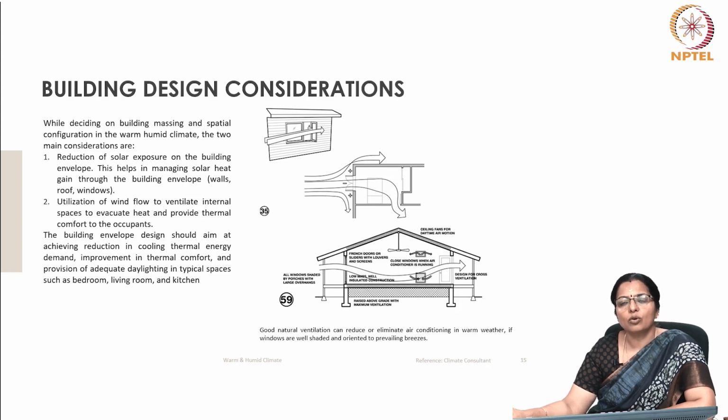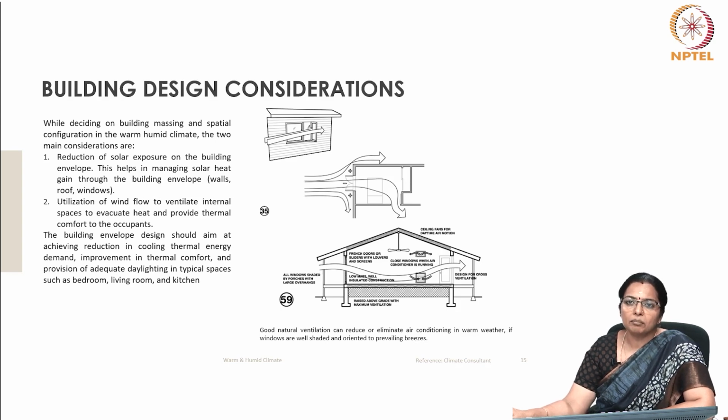While deciding on building massing and spatial configuration in warm and humid climate, the two main considerations are reduction of solar exposure on the building envelope. This helps in managing solar heat gain through the building envelope like walls, roofs and windows. And utilization of wind flow to ventilate internal spaces to evacuate heat and provide thermal comfort to the occupants.